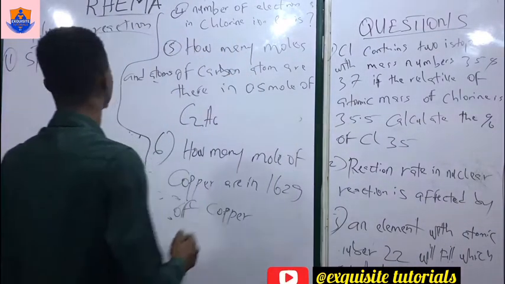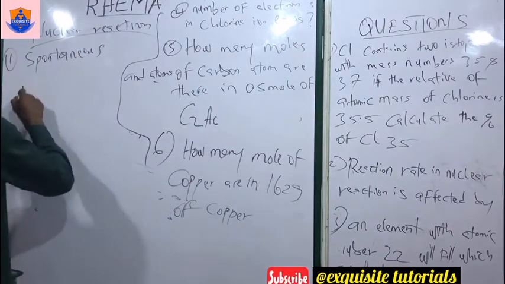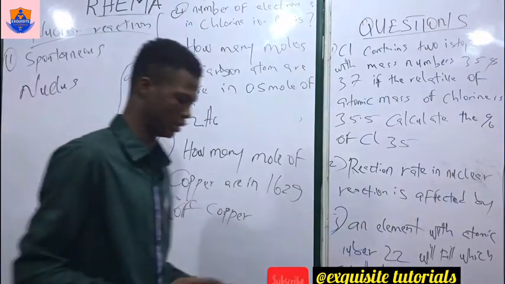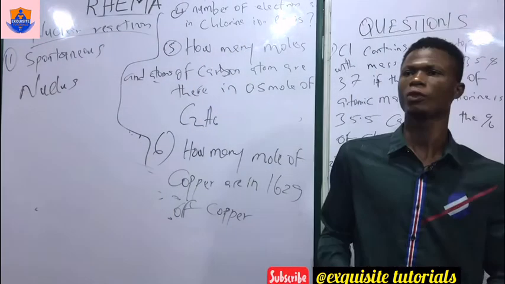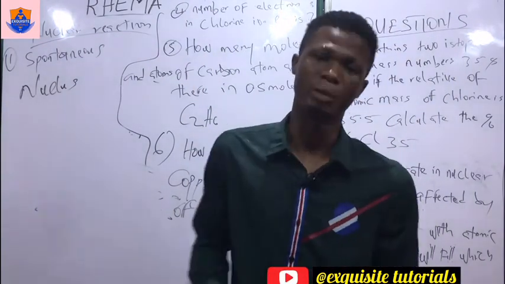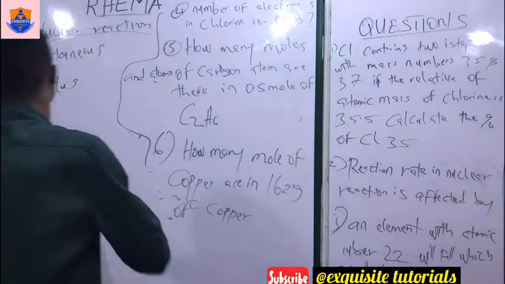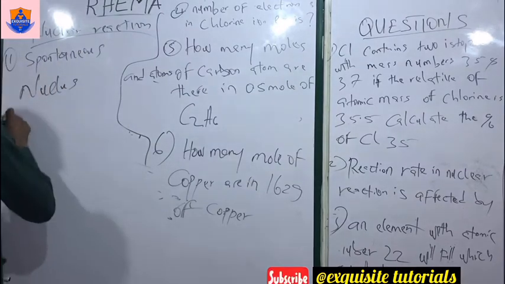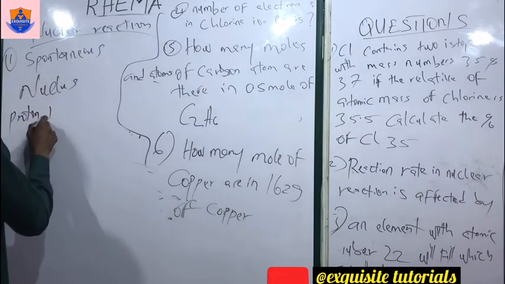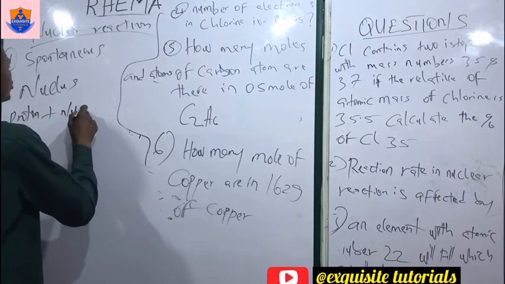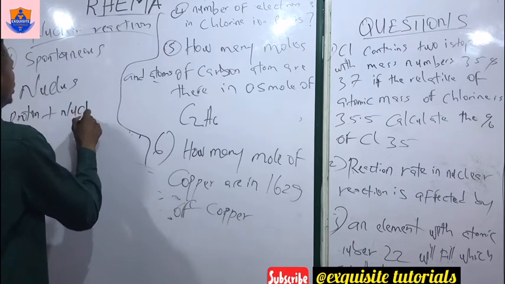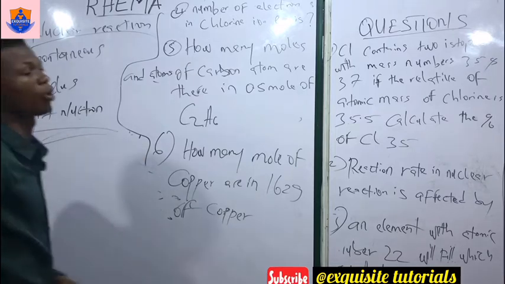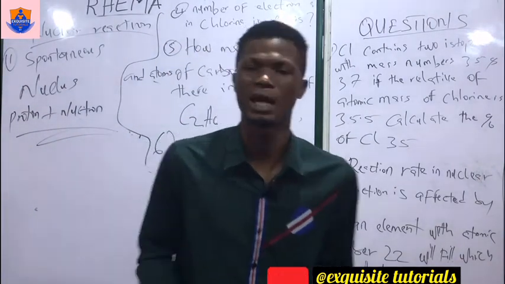And when we talk about nuclear, that means we are talking about the nucleus. And don't forget, what makes up the mass of an atom is the proton number plus the neutron number, and these two occur in the nucleus of an atom.